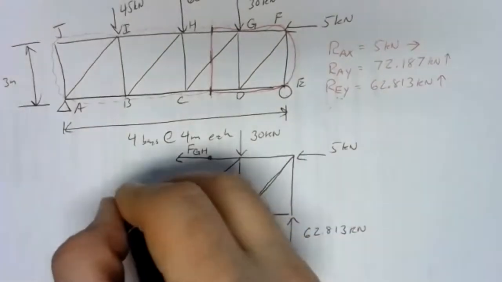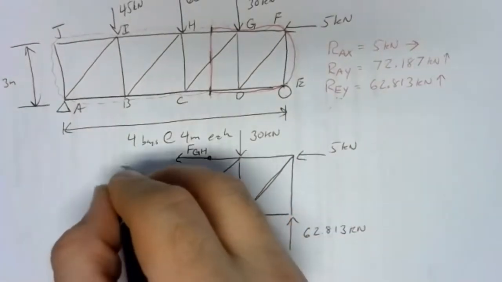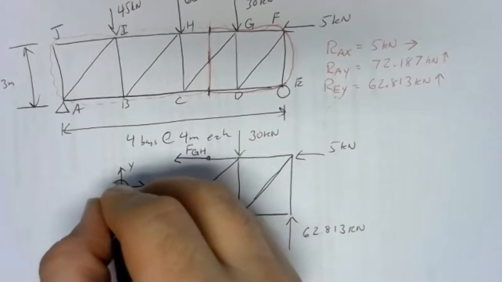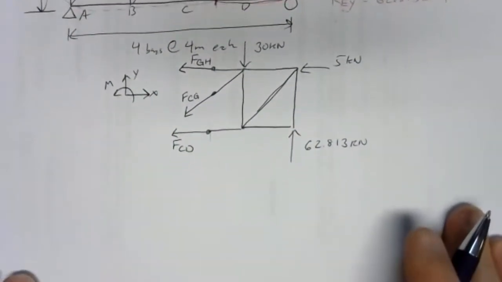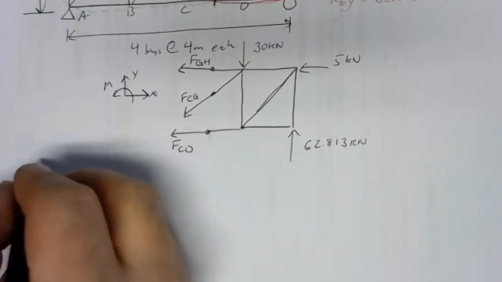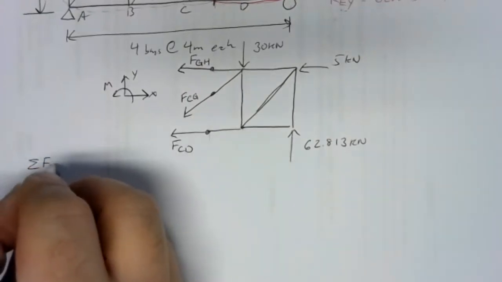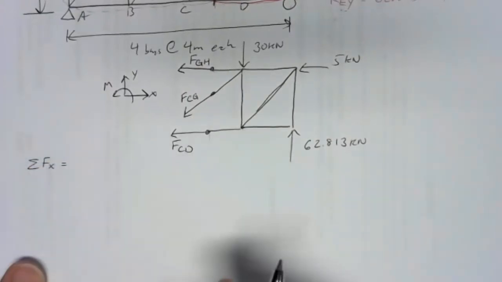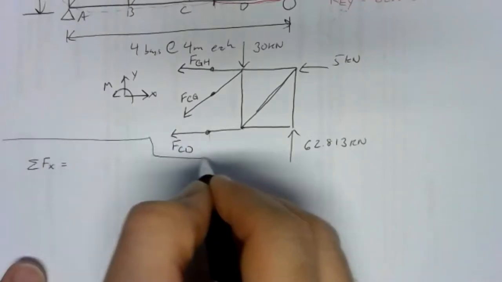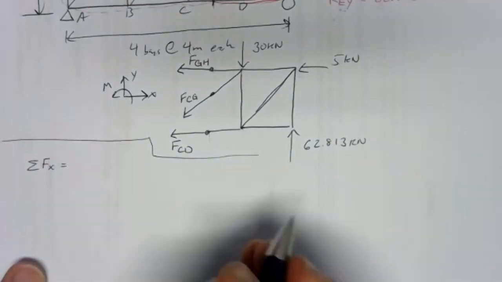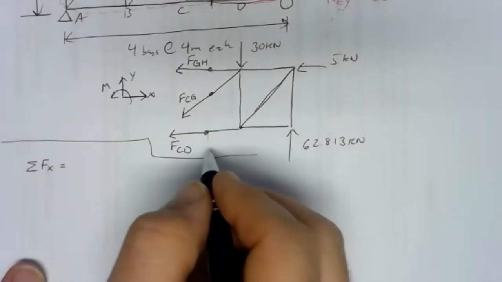So let's draw our coordinate system and get our equations of equilibrium. So we need our sum of forces in the x direction. And usually in these problems, the x direction equation is kind of the painful one, but it's usually the last one we deal with.